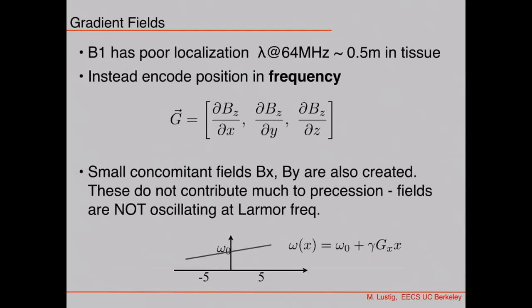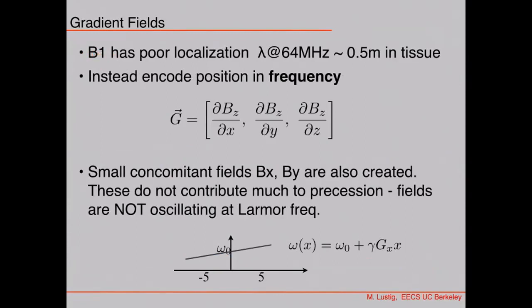Okay, so we talked about B0, we talked about B1, we talked about relaxation and also the received signal. Now we need to think about how do we perform localization. So potentially we could have imaged using the B1 field, if the B1 field was selective in space.